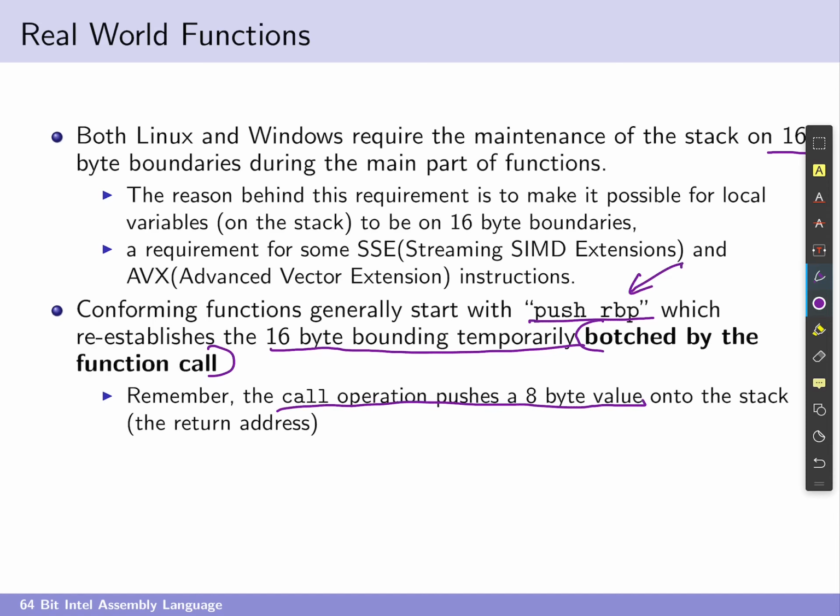Now, in essence, you don't have to actually use RBP to achieve this. You could just push any 8-byte entity onto the stack and it would work out fine. But there's a specific reason that we use RBP in practice, and RBP is often referred to as the base pointer, and we'll see where that comes into play when we actually build and destroy stack frames.